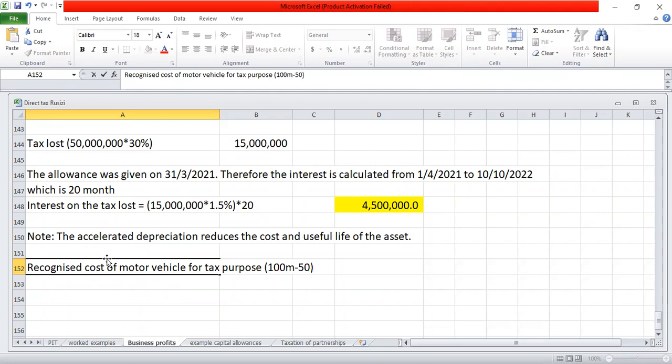So your depreciable base will be 50 million. That is the base on which you are going to calculate depreciation. The moment you accelerate the depreciation, the accelerated depreciation reduces the cost of that particular asset.